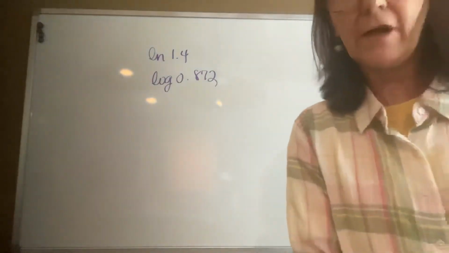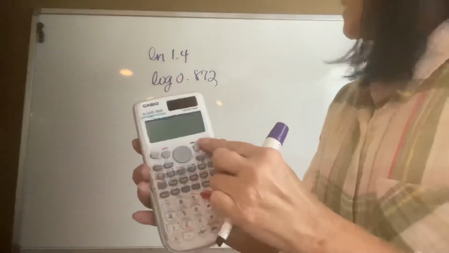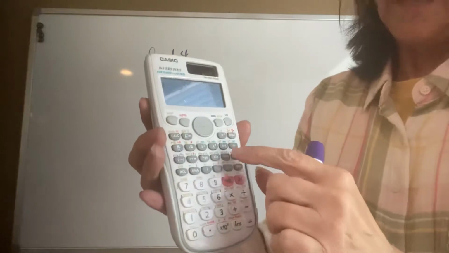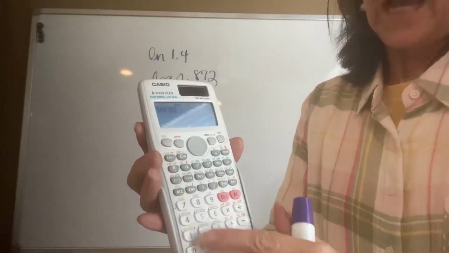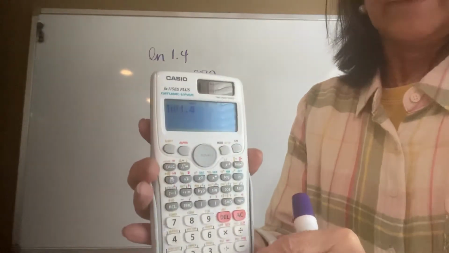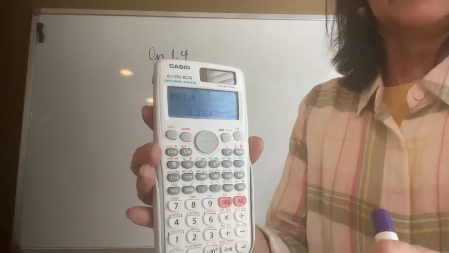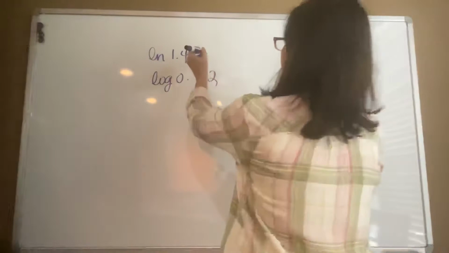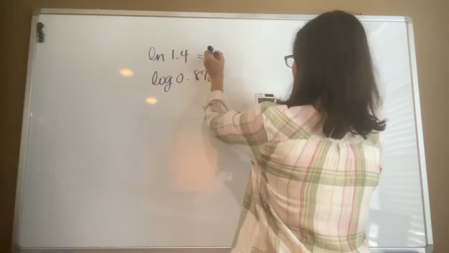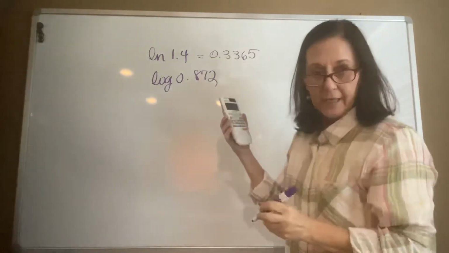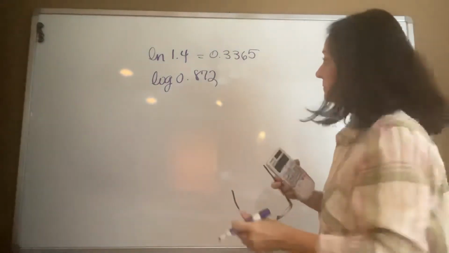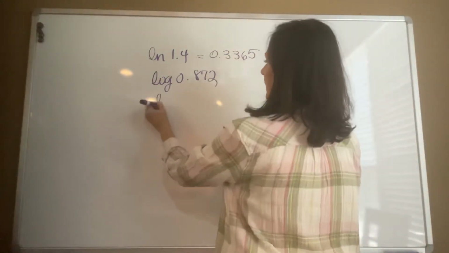Okay, we'll just do these in our calculators. All right, natural log, I'm hitting ln. For my anti-log, I'm inputting 1.4, and I hit equal, and it gives me the solution. It equals 0.3365.